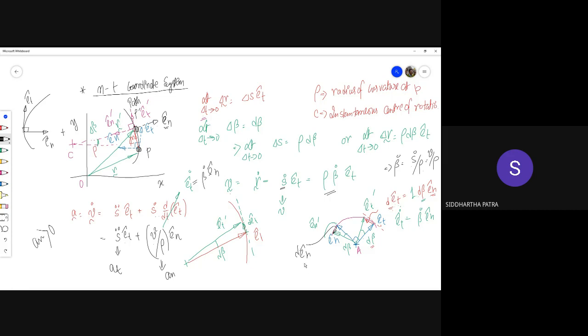But if I were to take this differential en, that is actually parallel to minus et. That is directed along minus et. Of course the arc length is the same. It is 1 times d beta, which is to say that en dot is beta dot times minus et. Not that we need that in our expression for acceleration, but that is still there.